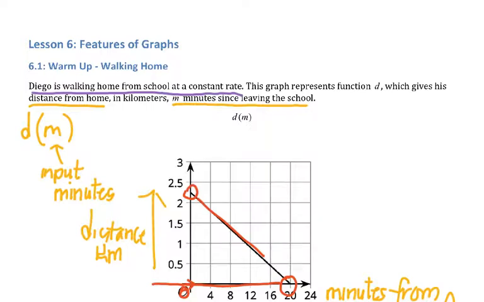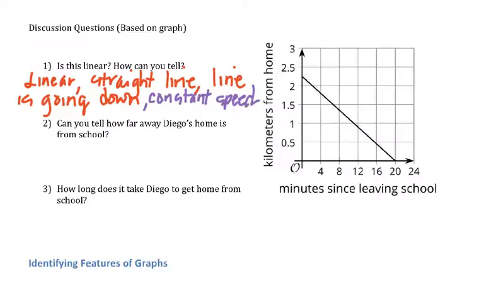All right, so how can you tell how far away Diego's home is from school? Well, what you do is that you read the graph. So his house is 2.25 kilometers away from school.